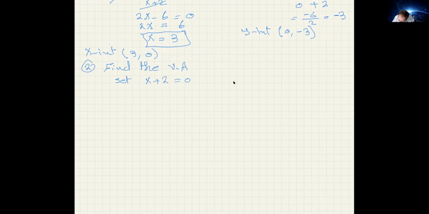So when I solve it, subtracting 2, I have x is -2. So this is my vertical asymptote. Step 3, find the horizontal asymptote or the slant asymptote.